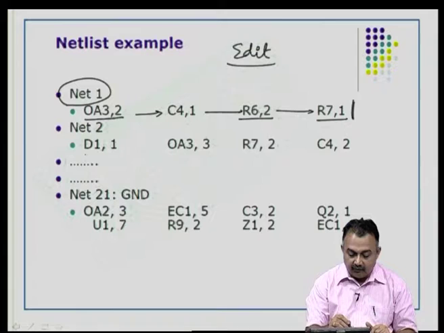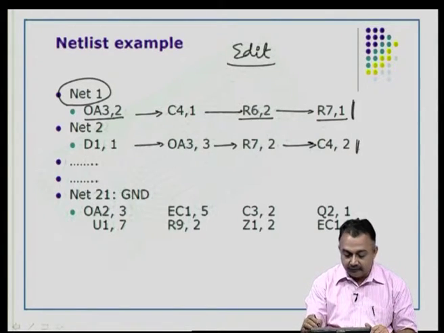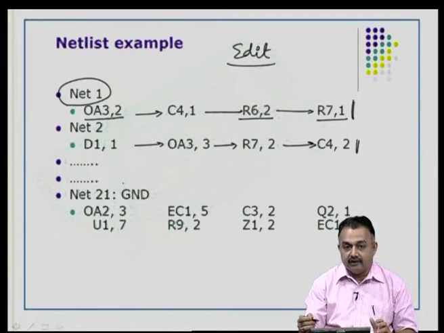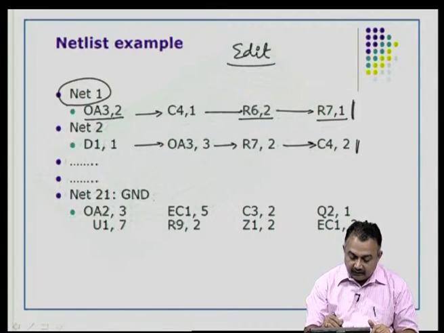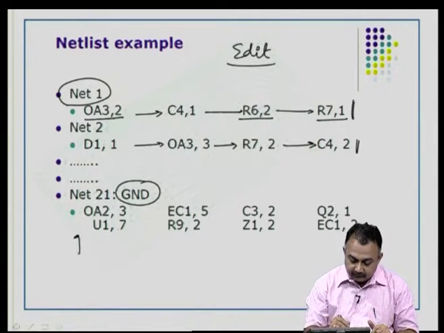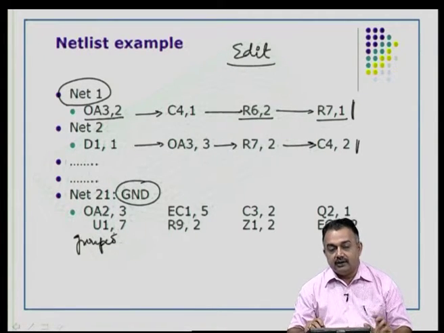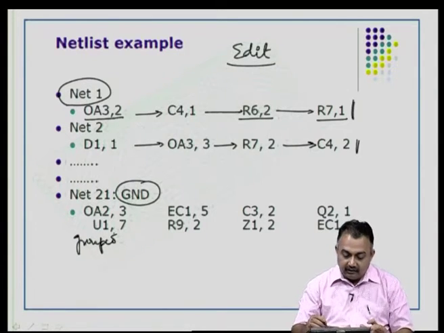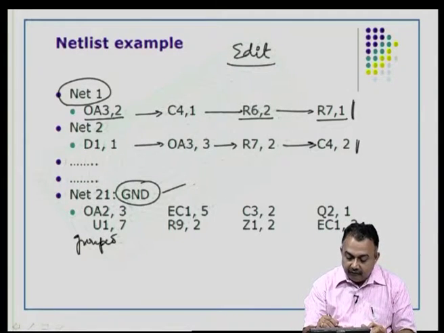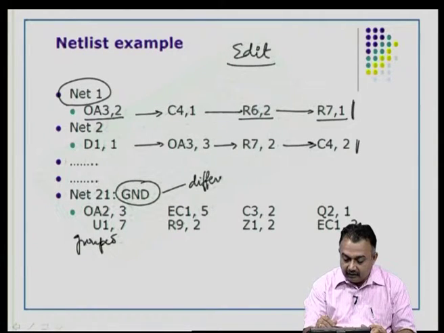So, net 2 again D1 1 to op amp 3 R7 C4. Like that you can have hundreds of nets, but you will see that typically in a net list the ground points are all grouped together. Okay. So, the ground connections are grouped together, and the reason is you can assign different track width. Okay. So, you can have a different thickness of copper for the ground plane to remove heat.